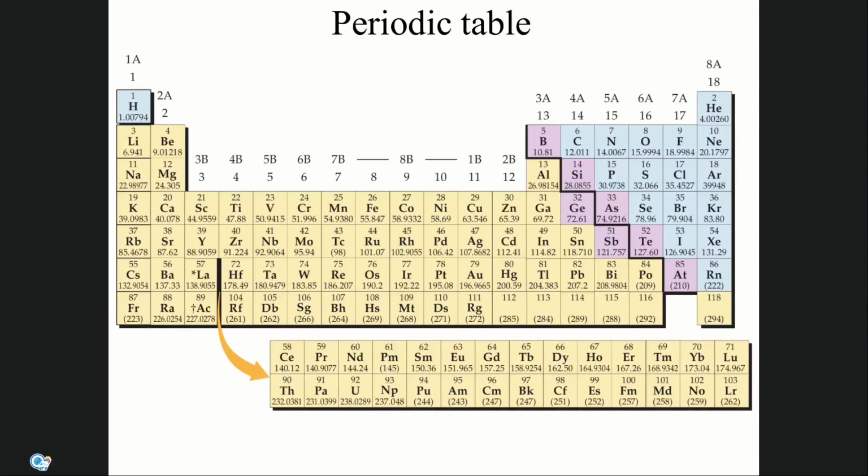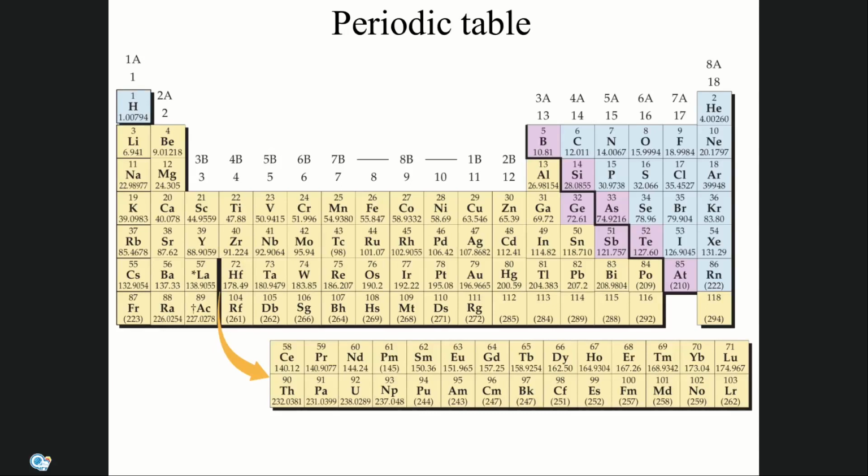Most elements can be categorized as metals or non-metals. One of the properties used to distinguish metals from non-metals is their ability to conduct heat and electricity. Metals are solid at room temperature, except for mercury, usually have a lustrous appearance when freshly cut, are good conductors of heat and electricity, and are malleable rather than brittle.